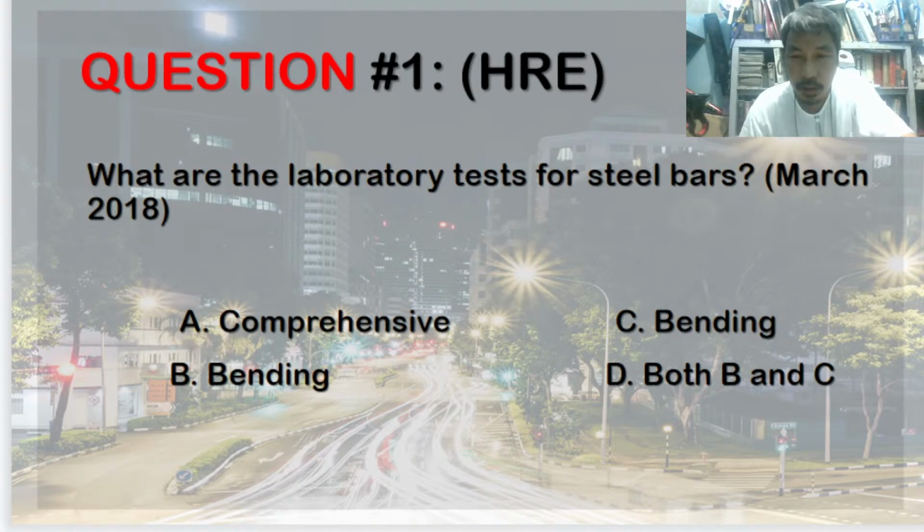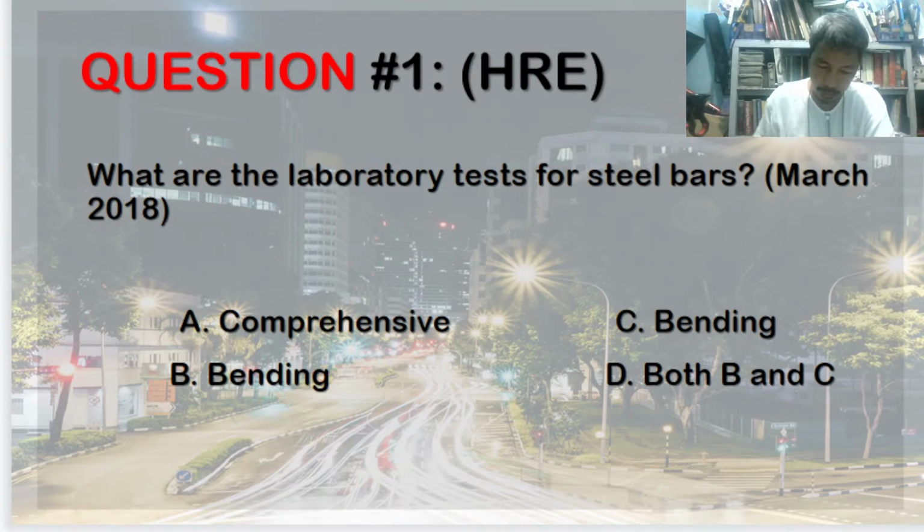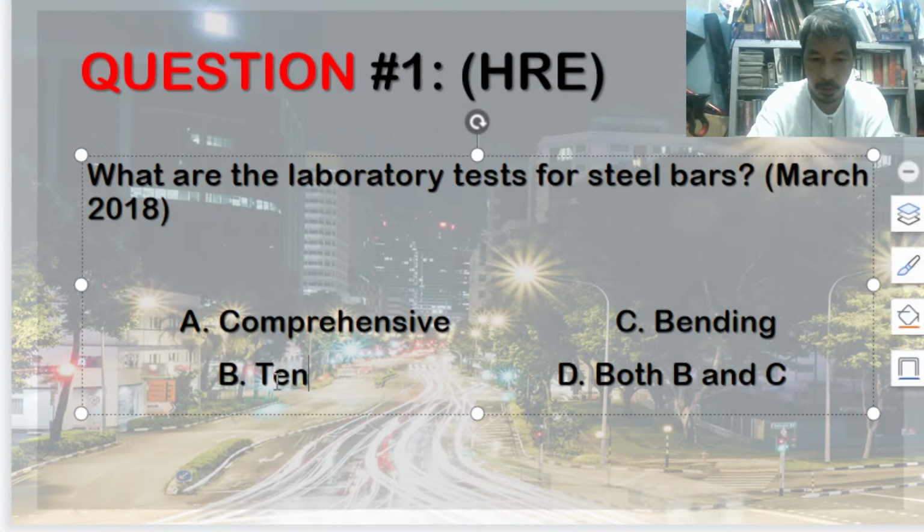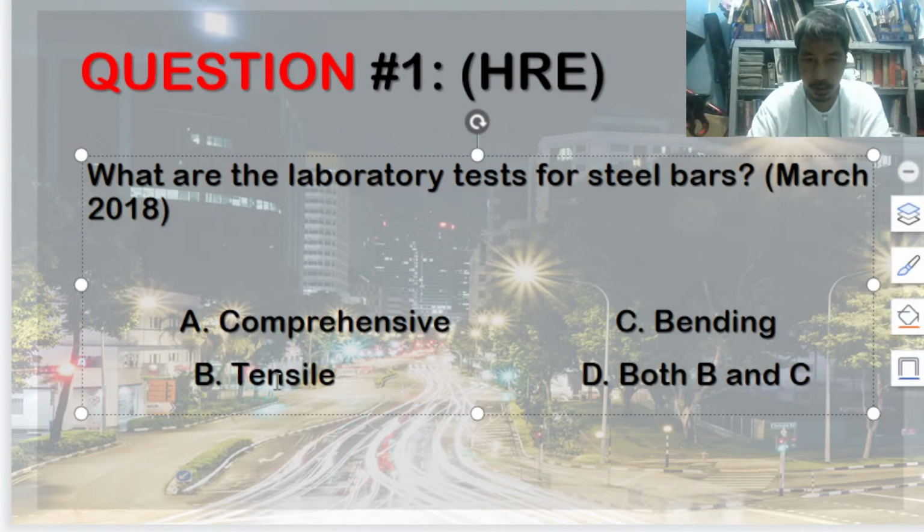Letter C, bending. So there is a typo error there. Letter B is actually tensile, so I will change this. So tensile, letter C, bending, letter D, both B and C.